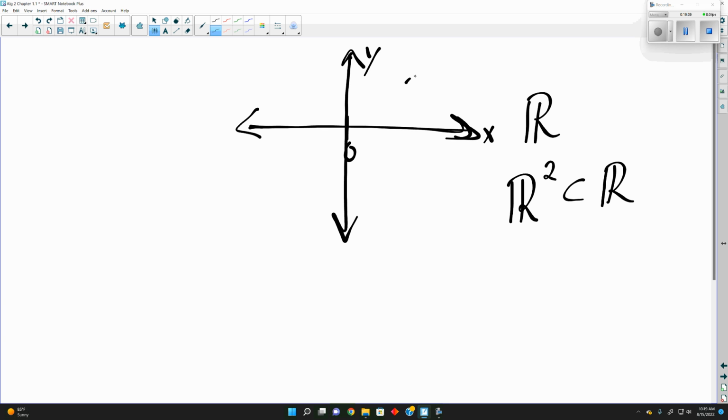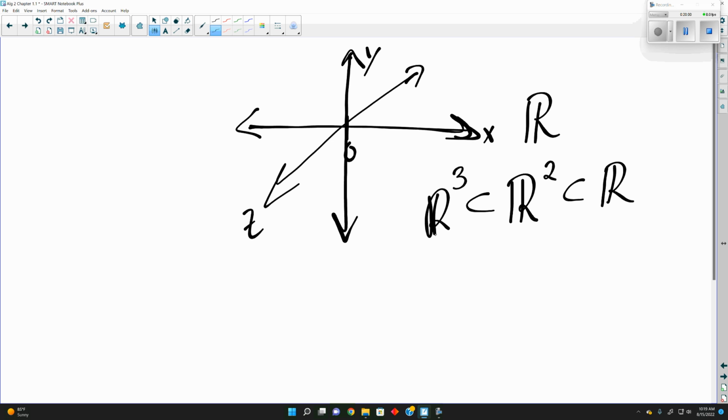Well, XYZ, the three-dimensional plane, yes? Is a subset of R2, the XY. So we can say R3, because we reference this, XYZ is R3, which is a subset of R2, which is a subset of R1, yes?